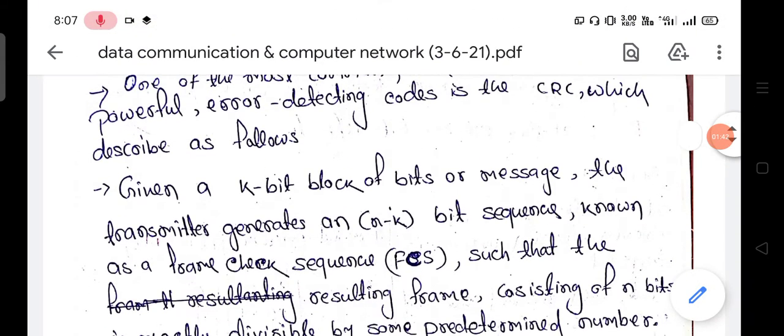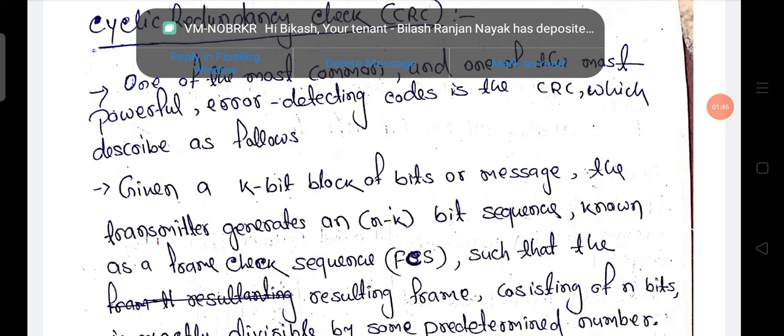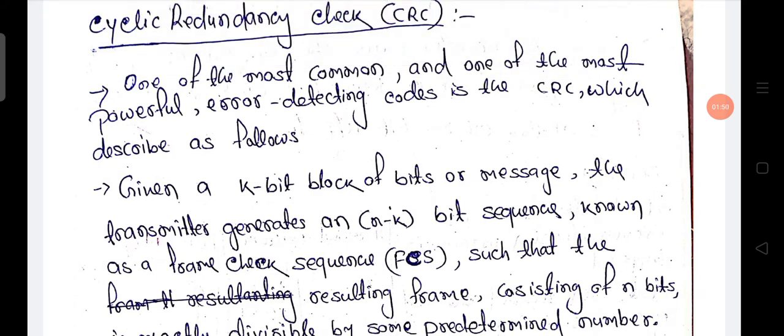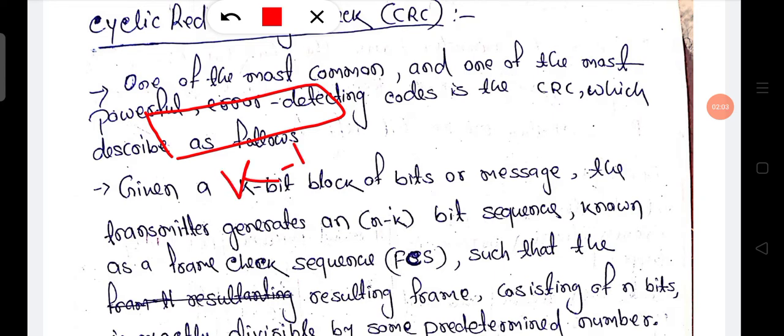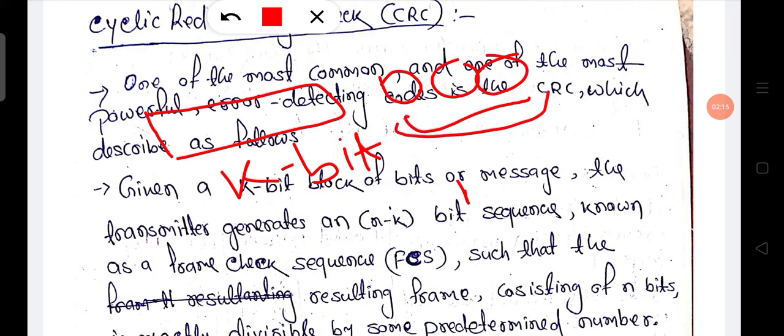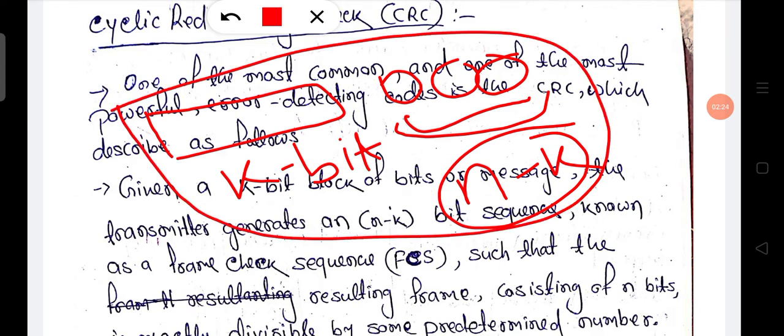Here, what happens in CRC? There is a given k-bit block. Let's say k number of bits, and we add n minus k zeros, and then we divide the whole number by a predefined binary number, which is the divisor. The number of bits in that divisor is n minus k plus 1.